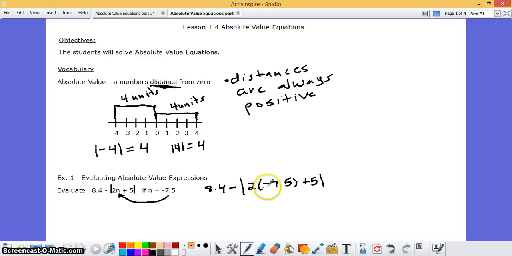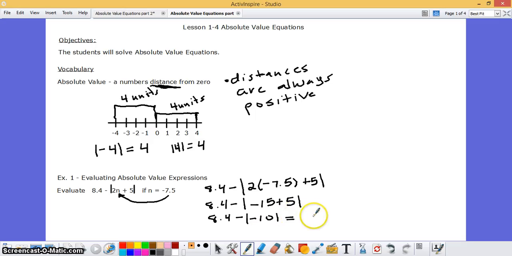So order of operations says we have to multiply first. 2 times negative 7.5 is negative 15, plus 5. So now this is 8.4 minus, now we add in here, so it's the absolute value of negative 10.